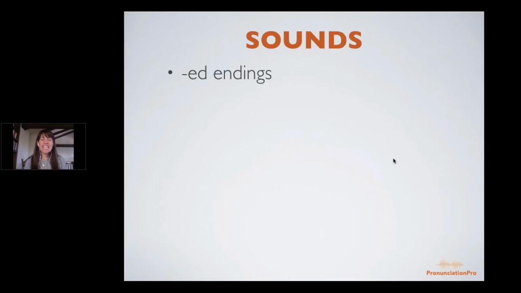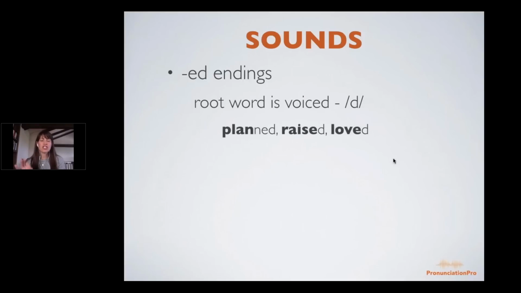All right, ED endings. And let's just go over the rules. We do go through the ED endings in Module 2 when we talk about tense markers. But there are 3 different ED endings in English. The tendency for our Spanish speakers is to occasionally say id instead of either the T or the D ending.